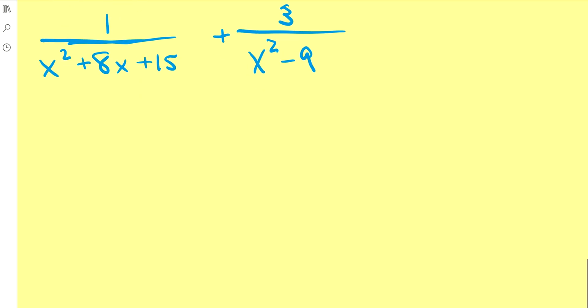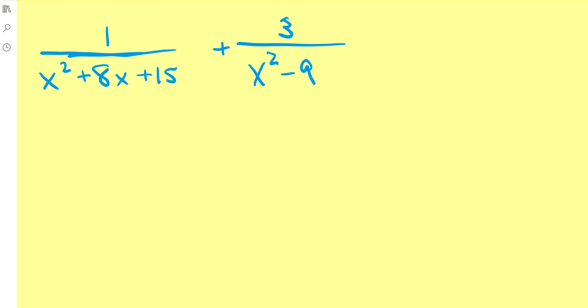How about this? How about I factor this left side on the denominator, and that is two binomials, x plus 5 and x plus 3. Okay.